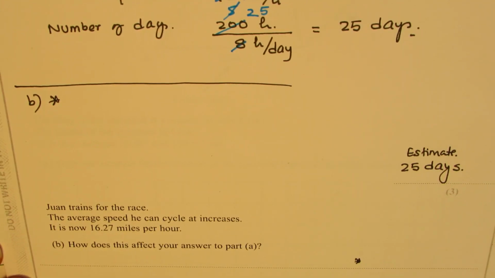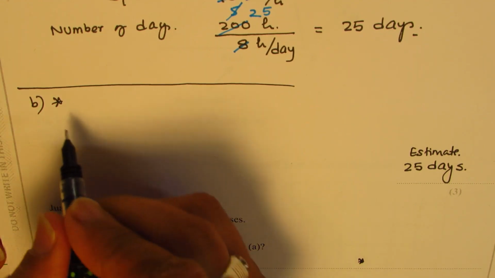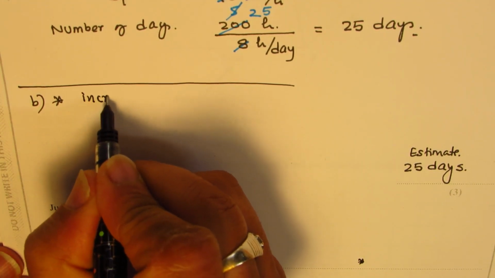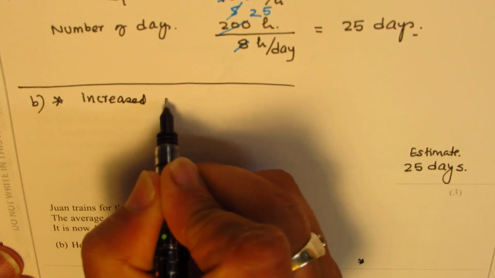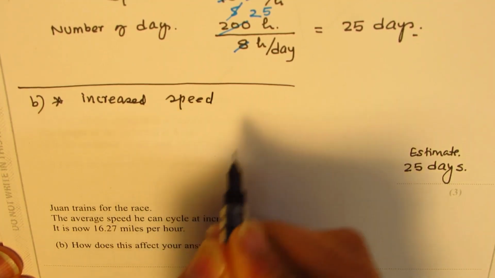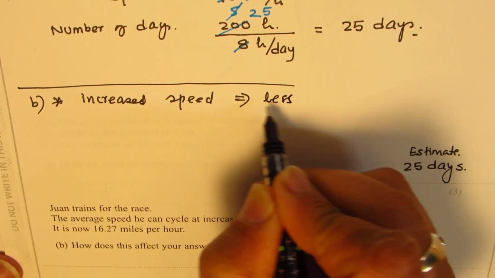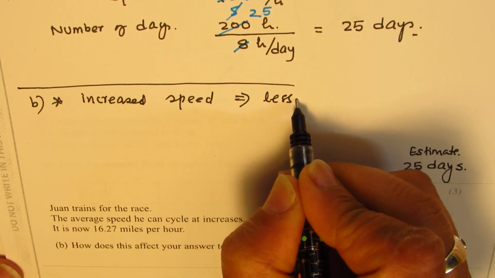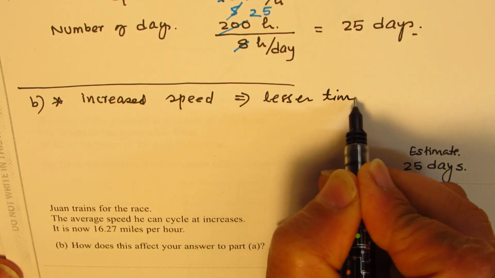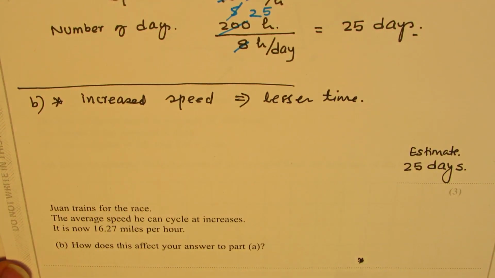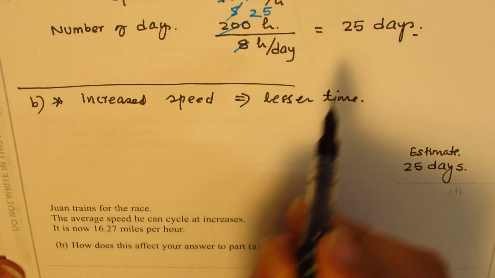Now, what we understand is that increased speed implies lesser time, or a decrease in time, right? Now in this case, we were taking 25 days.